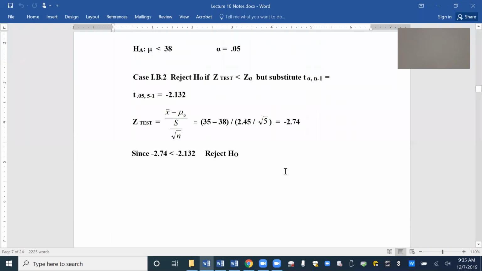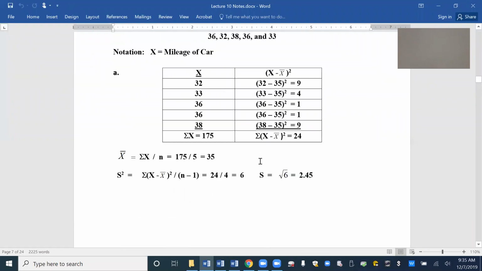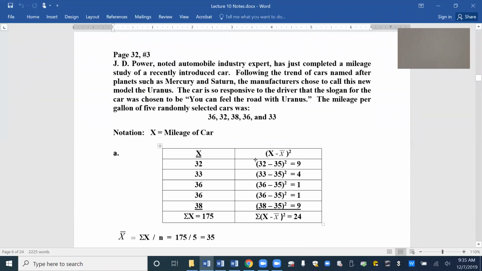All right, so why is this called the infamous J.D. Power problem? A couple of reasons. Number one is early in the 80s, I started my company, and I had like 3 clients going at the time.